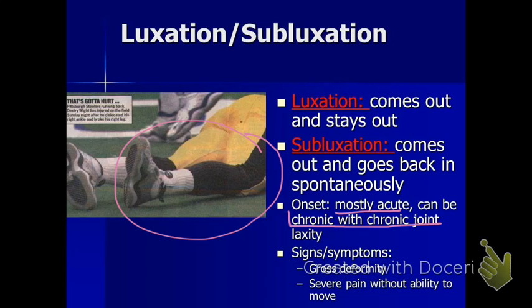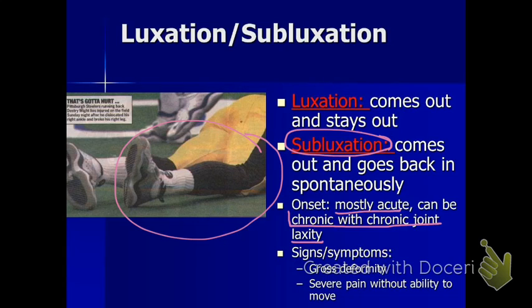So let's take a person who initially subluxes or luxates their joint, right? And they have it relocated, and because the tissues surrounding it have been completely stretched, they now suffer from subluxations chronically. So an acute injury can lead to chronic subluxations because of chronic joint laxity.